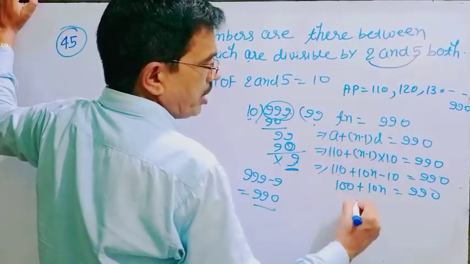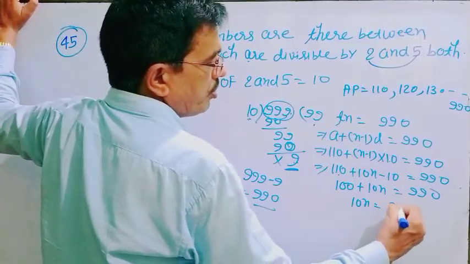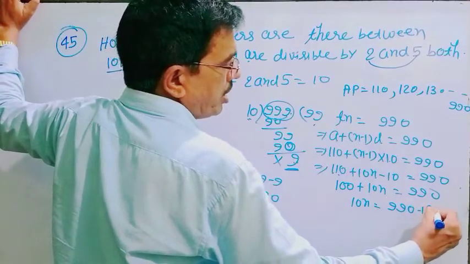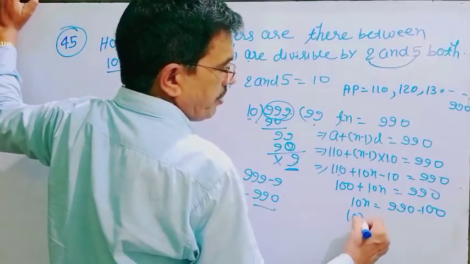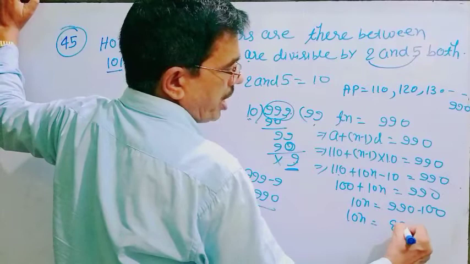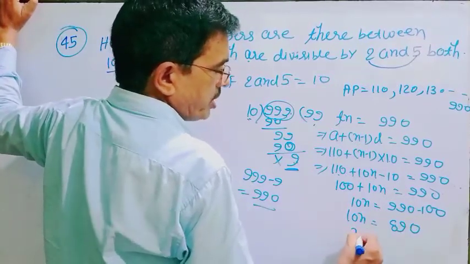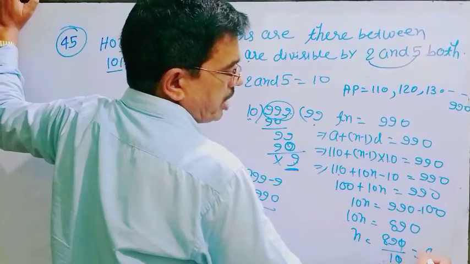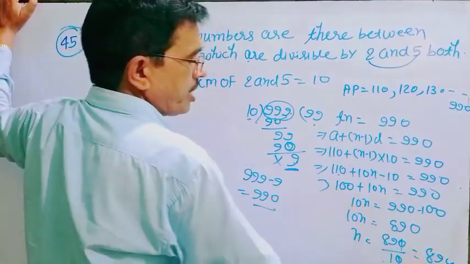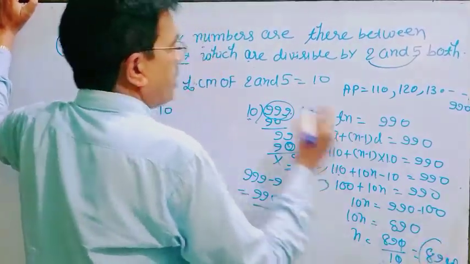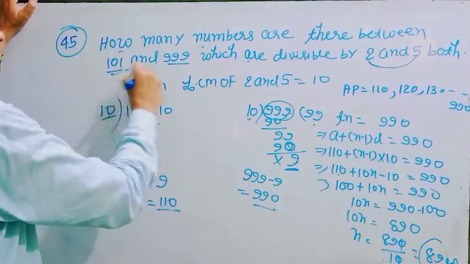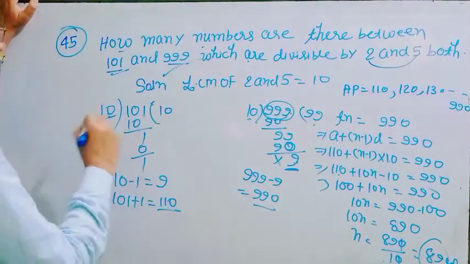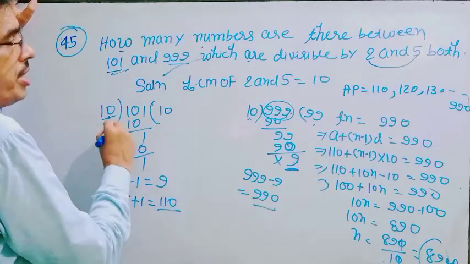Hence, dear student, 10n is equal to 990 minus 100, that is 10n is equal to 890. So what is n? That is 890 by 10, that is 89. So there are 89 terms between 100 and 999 that are exactly divisible by 10.